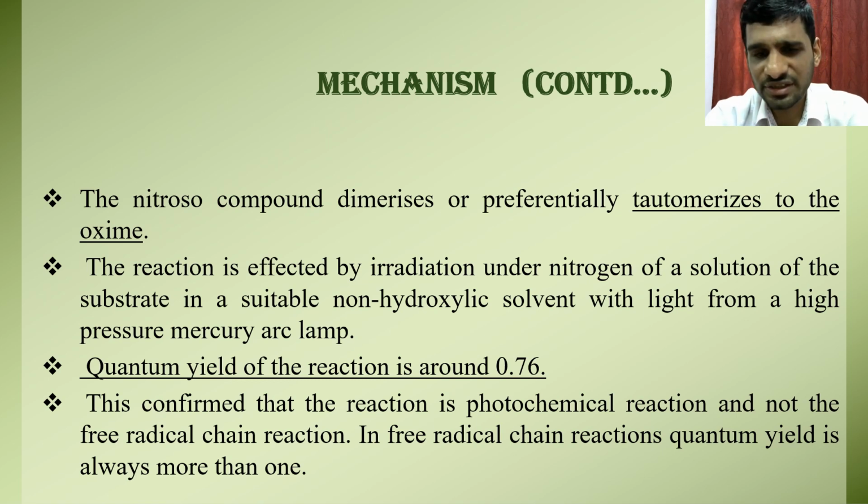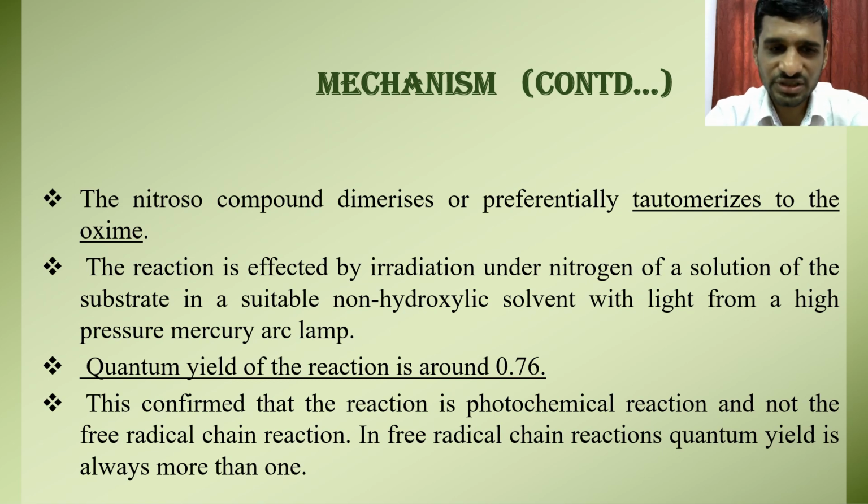So whenever a chain reaction occurs in case of photochemistry, the quantum efficiency is always more than 1, because in such a condition a single free radical can convert several reactant molecules into the products. But in case of Barton reaction, this is not the case.